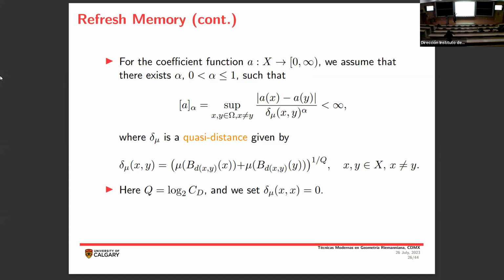And therefore, this assumption is basically assuming that a is a Hölder continuous function. Okay. Further ahead, I will say whether this quasi-distance plays a significant role. But for now, just bear in mind that we are not working here with the distance. We are working with a quasi-distance.